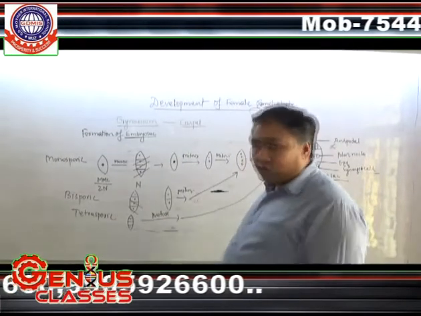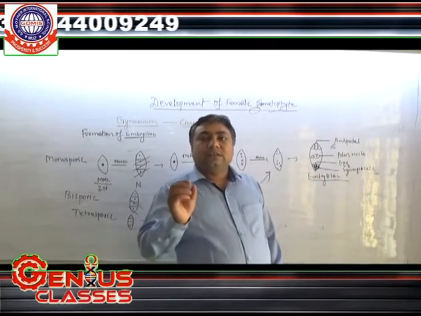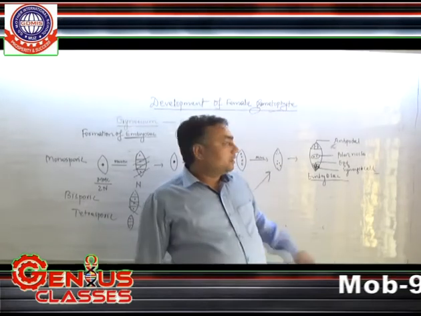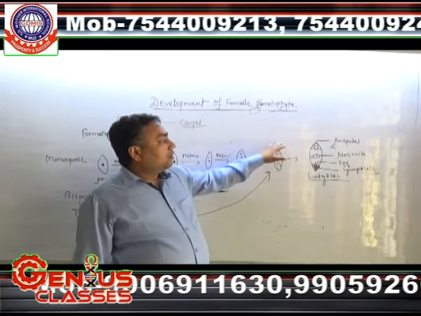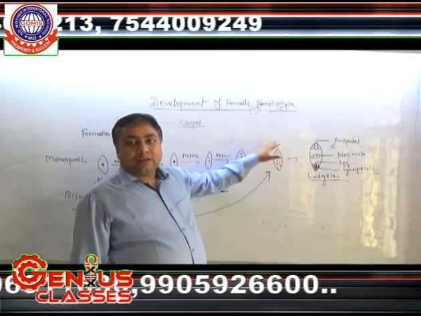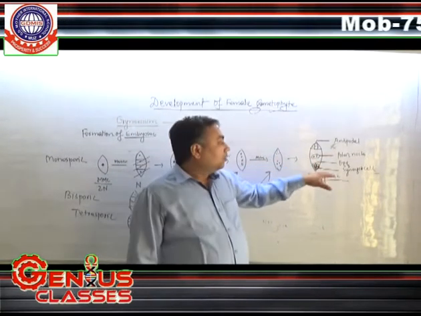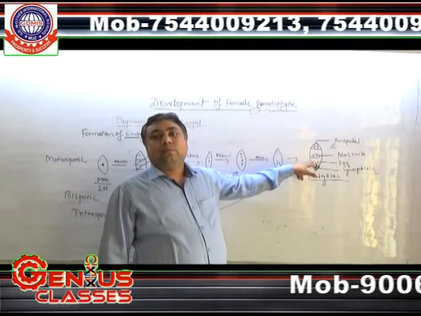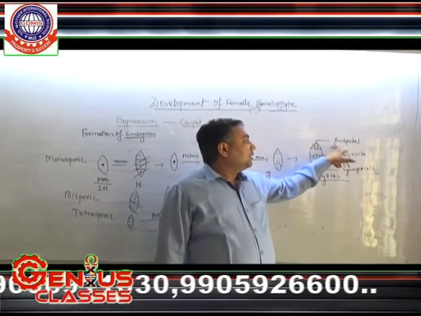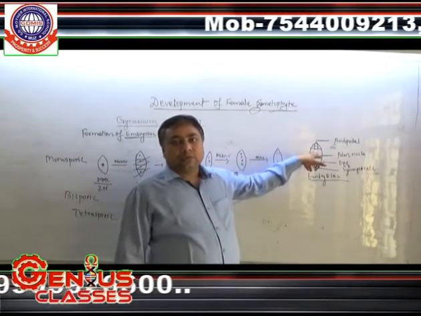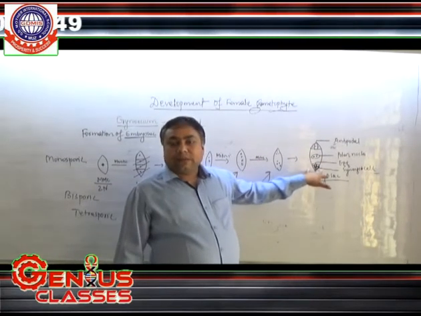A matured embryo sac is a 7-celled, 8-nucleated structure. The 8 nuclei produce 4 at one end and 4 at the other end. Then from both ends, 1 nucleus moves to the center and is known as the polar nuclei. 3 nuclei at the chalazal end compartmentalize, and 3 at the micropylar end.